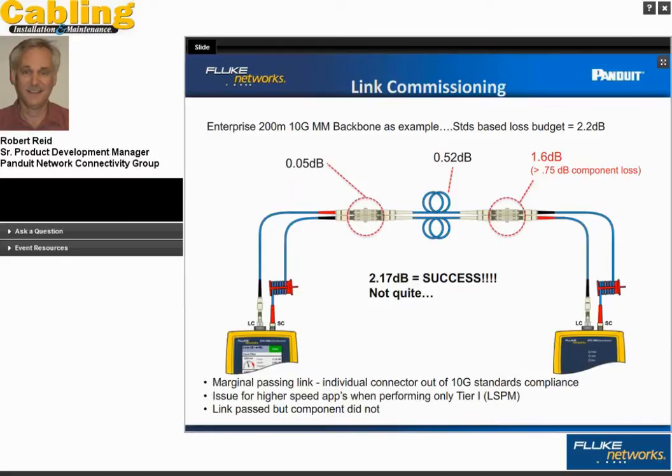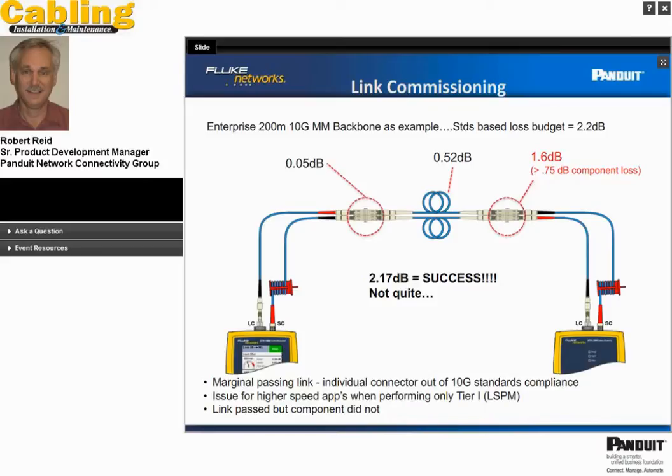And let's see, I've just put a scenario here, 2.17 dB, and that's not quite success with respect to a 10 gig link because now I could have, and this is just an example, a really smoking hot connector on one end, 0.05 dB. I've got average attenuation in the link, and the contribution there is 0.52 dB. But I have 1.6 dB on the other end. I've still passed the link, but I haven't passed the component expectation. So this is a concern when you're talking about higher speed links where I have to have a guarantee of component insertion loss.